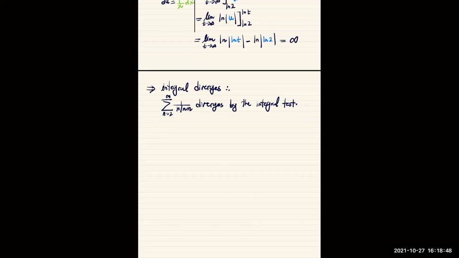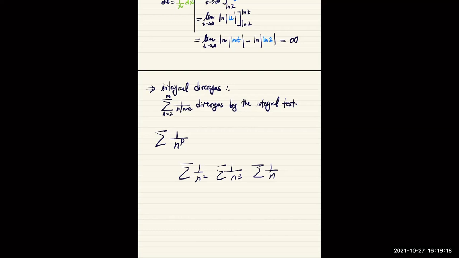It is the sum of 1 over n to the power of P. P could be 1, 2, or 3. So for instance, we have the summation of 1 over n squared, the summation of 1 over n cubed, and the summation of 1 over n, which is the harmonic sum. The harmonic sum is a P series itself.